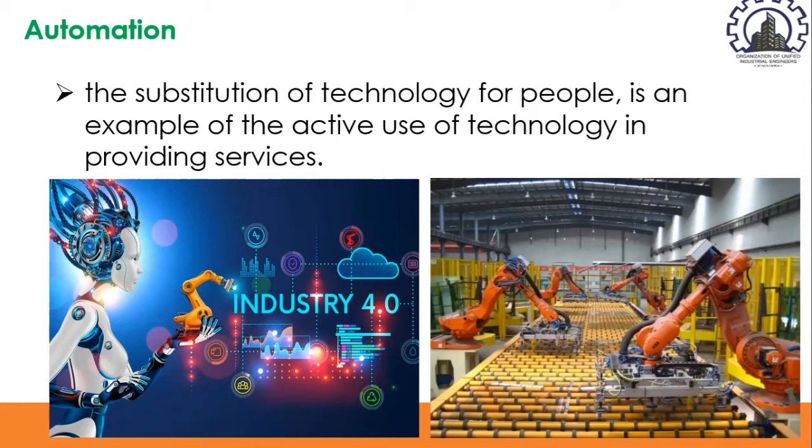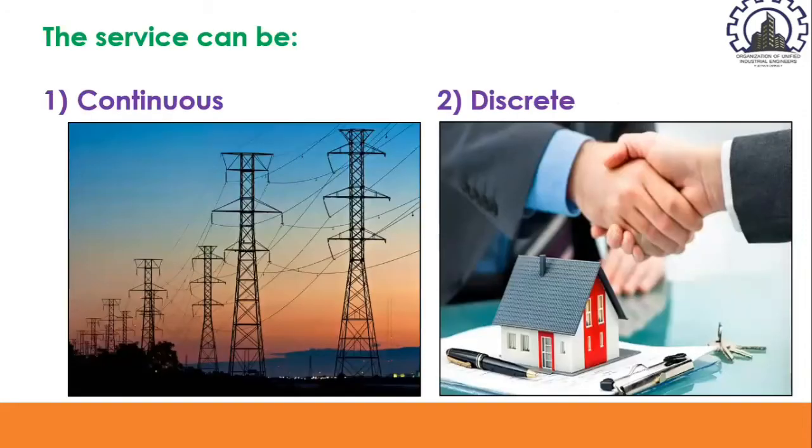Now, this service can be called continuous and discrete. So, what's the difference between the two? Well, the transformation process must be adaptable to variations in tasks and rates of service. The service can be considered continuous, such as an electric utility, or discrete, such as a lawyer preparing a house purchase agreement.